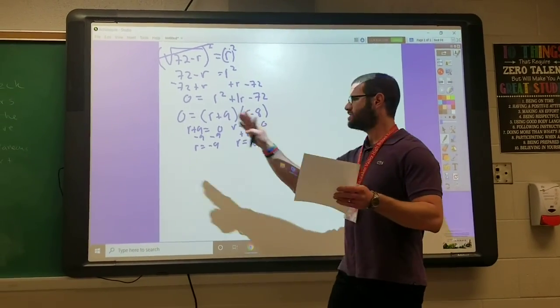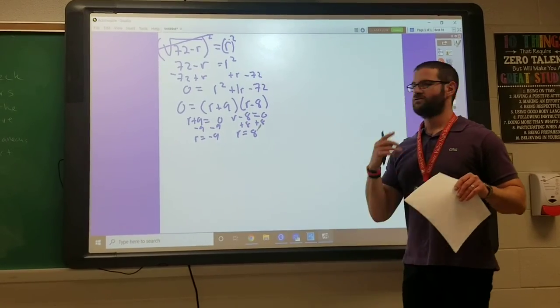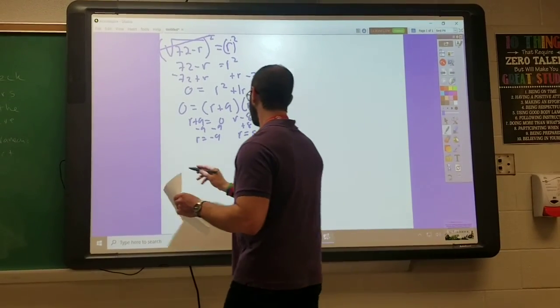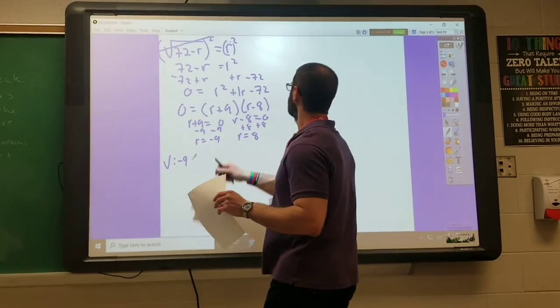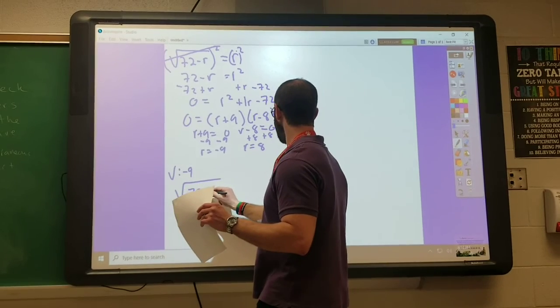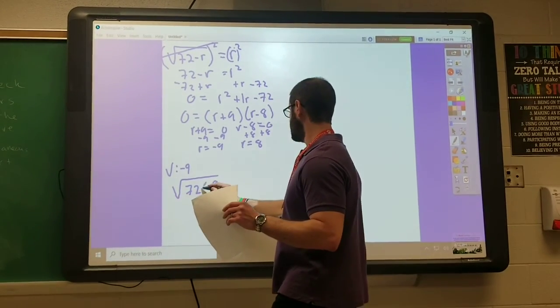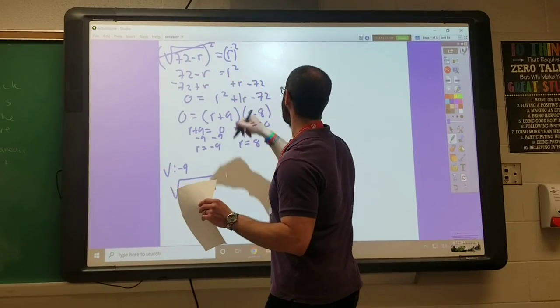I'm saying possibly because we have to plug them into the original equation to make sure they work. So I'm going to check negative 9. 72 minus negative 9. Remember, that minus negative becomes plus positive, equals r.